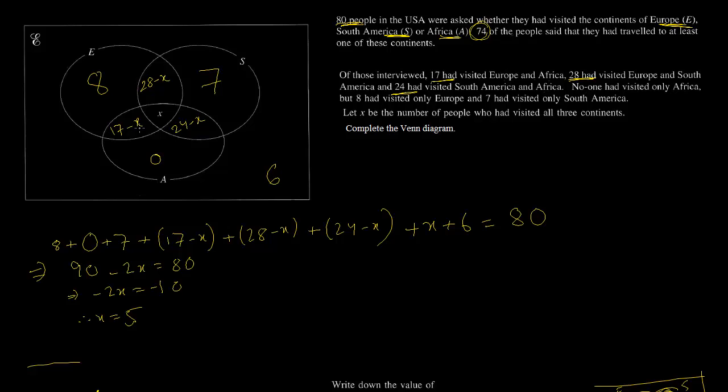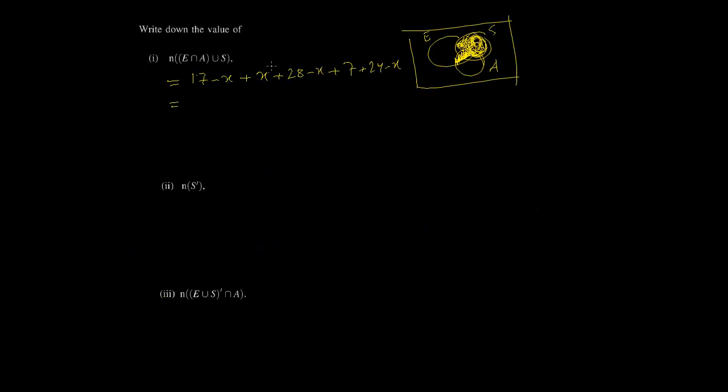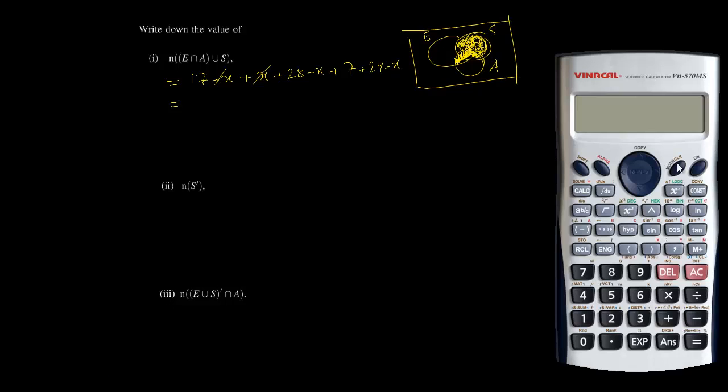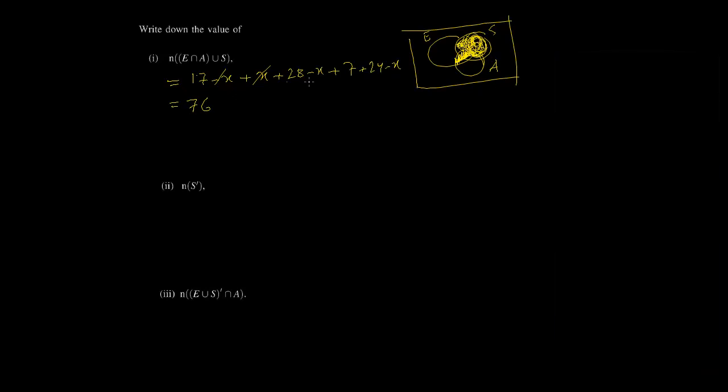So 17 minus x plus 28 minus x plus 24 minus x plus 7. We can cancel this x and this x. So we have 17 plus 28 plus 7 plus 24, that is 76. Now minus twice x. Since we already know x equals 5 from the previous sum, 2 fives are 10. So this is going to be 76 minus 10, which is 66.